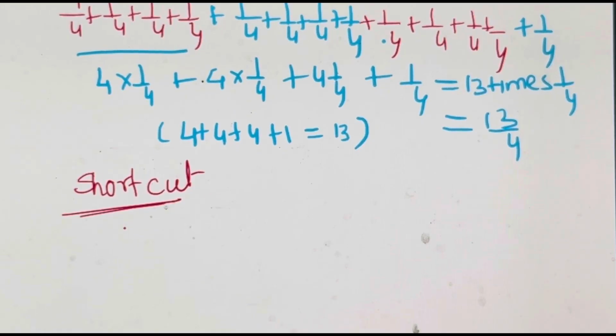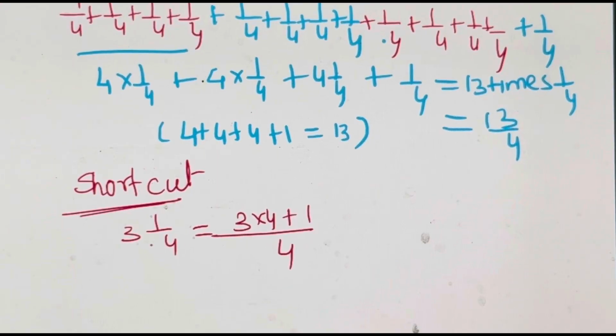Because till now we were doing it this way only. So 3 whole 1 upon 4. What do we do? We multiply 3 and 4, plus 1 upon 4. So we multiply these two, the denominator and the whole part, and add the numerator. And we write the denominator as it is.